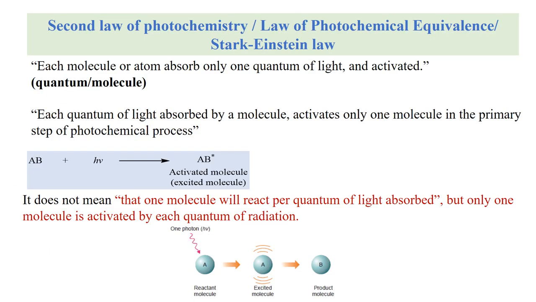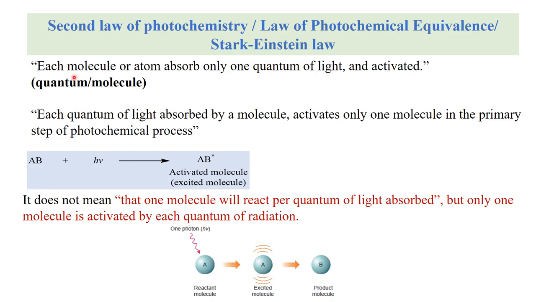Next is the second law of photochemistry, which is called the law of photochemical equivalence or Stark-Einstein law. It is also very simple, but it provides a quantitative relationship between the absorbed light and the molecules taking part in a chemical reaction.